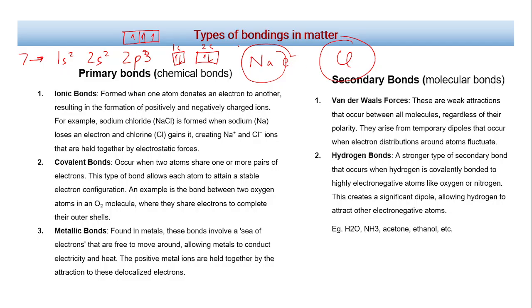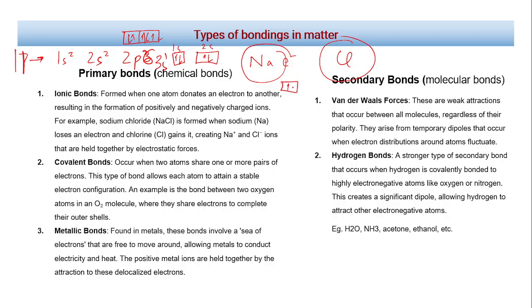okay, I'm sorry, I'm telling nitrogen, this is sodium, I'm very sorry. It's 11. So 1s2, 2s2, 2p6, and 3s1. So these are all paired, but for this 3s1, instead of 2, there is only 1.